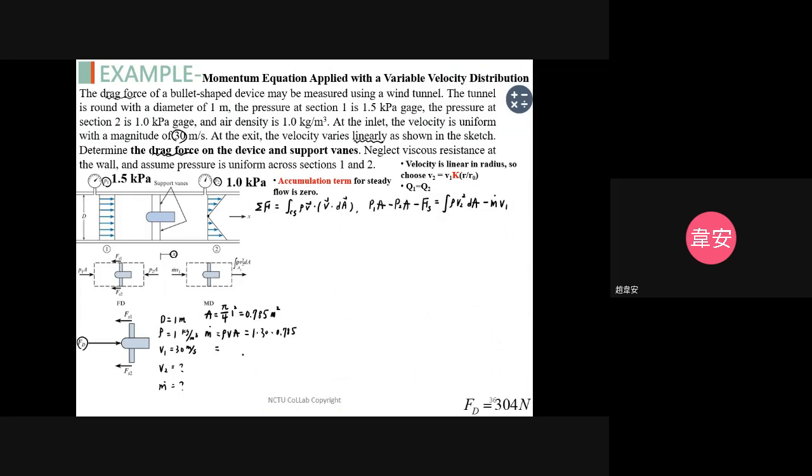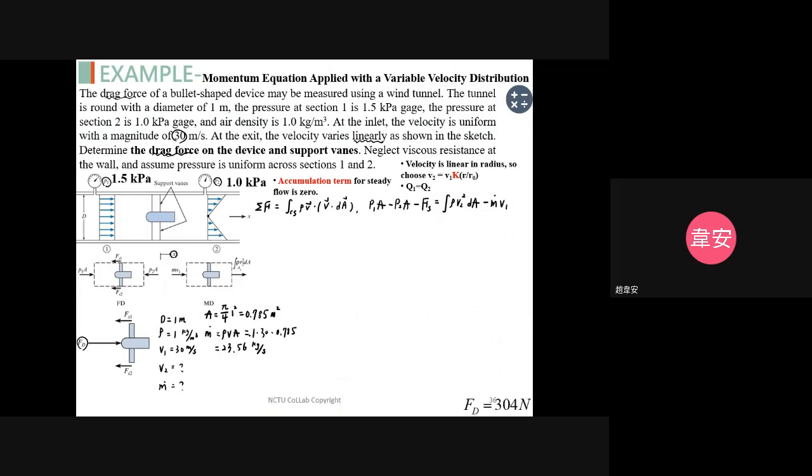So the mass flow is 1 multiplied by 30 multiplied by the cross-section area, which is 23.56 kilograms per second. Okay, so right now we know the mass flow.